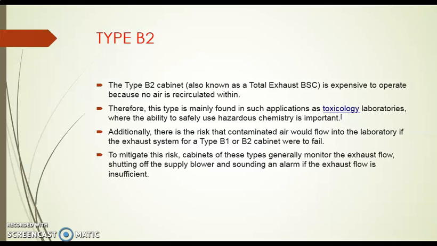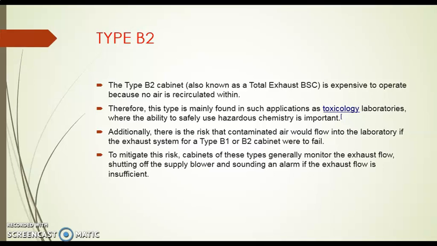Next is about Type B2. The Type B2 cabinet is expensive to operate because no air is recirculated, and this type is mainly found in applications such as toxicology laboratories, where the ability to safely use hazardous chemicals is important.